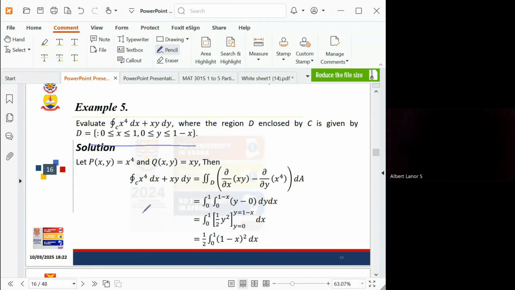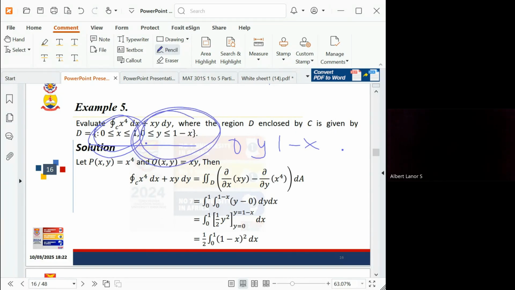Now, what is the region? We know that from advanced calculus 1, the region is such that the y value is taking values from 0 to 1 minus x, a function which depends on x, and then the x values are from 0 to 1. So we need to integrate the y first before we integrate the x.